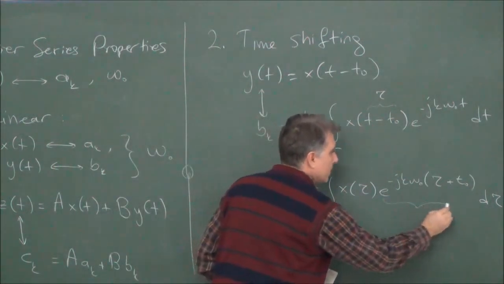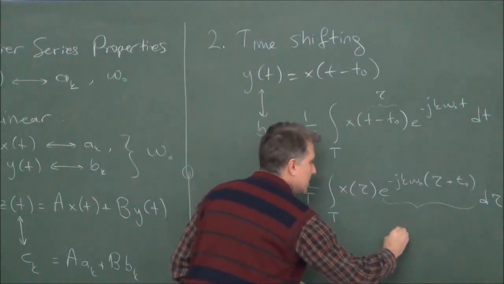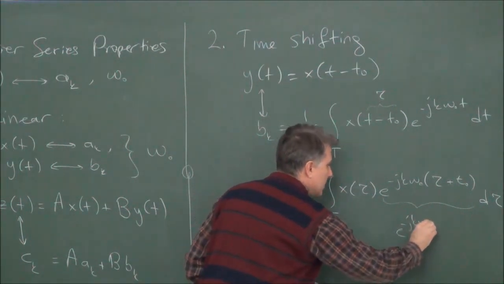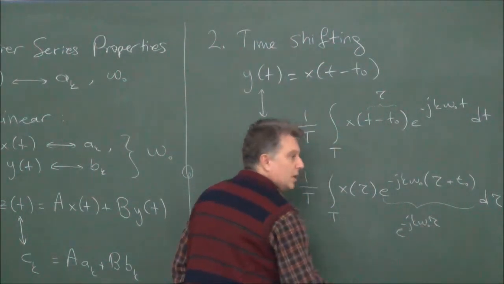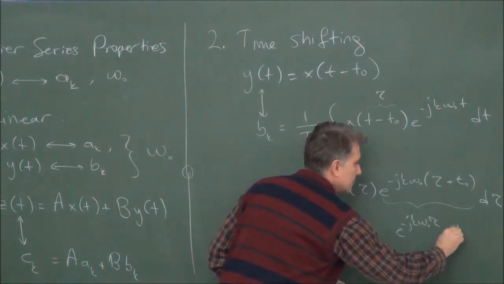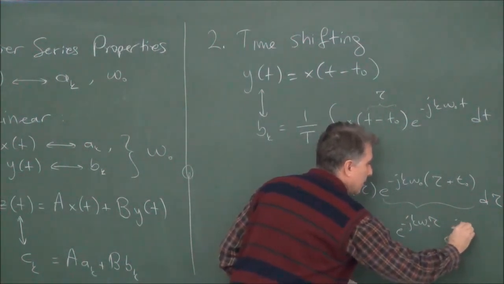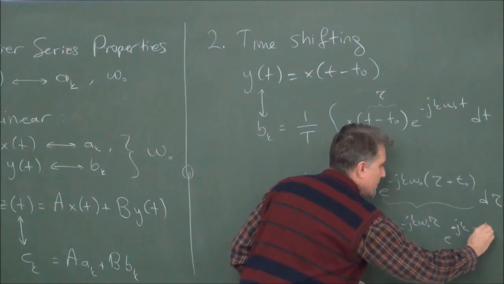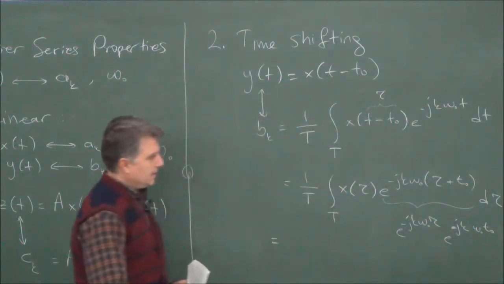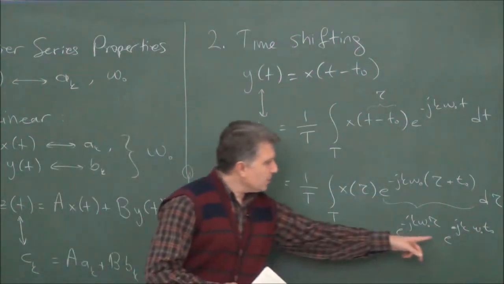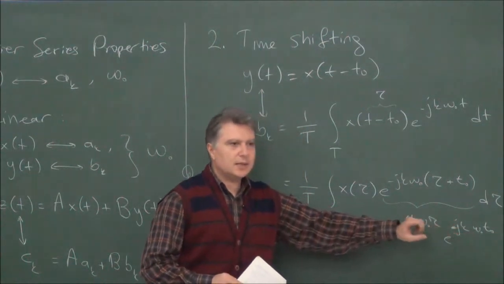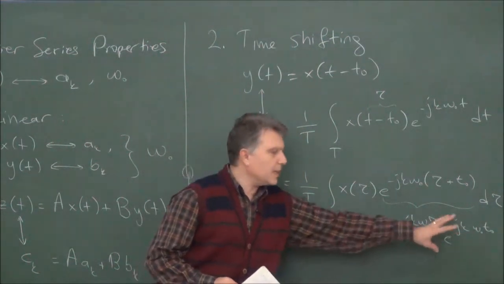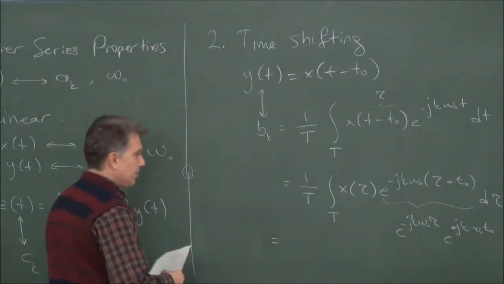This exponential term is e to the minus jk omega 0 tau times e to the minus jk omega 0 t0, isn't it? And this e to the minus jk omega 0 t0 has nothing to do with tau. It can be taken out of the integral. It's a scalar.